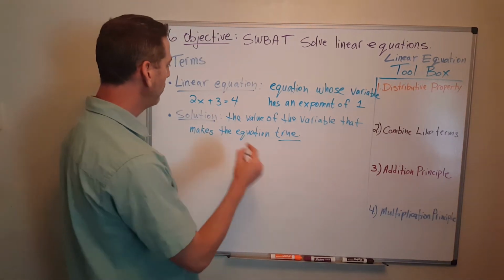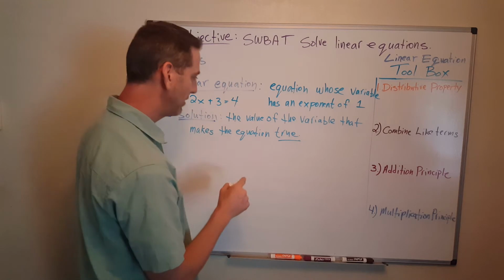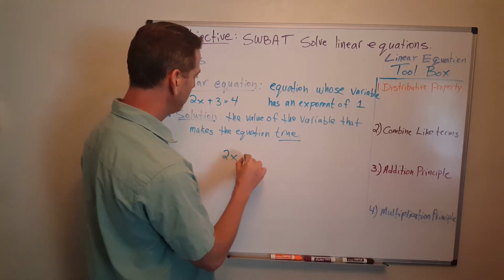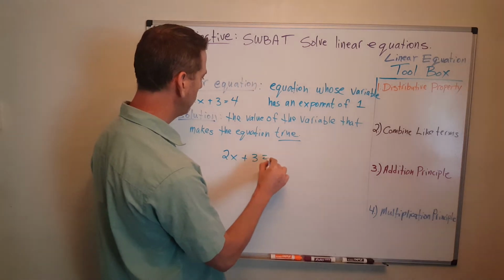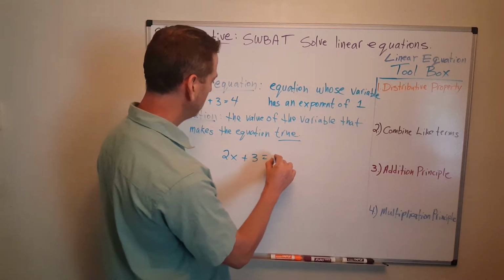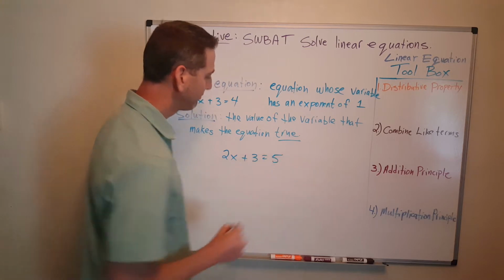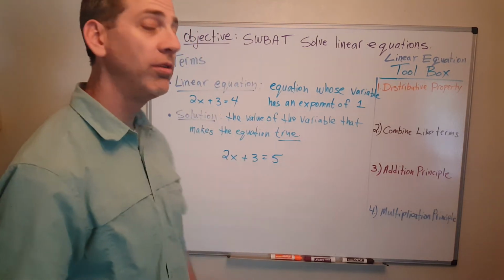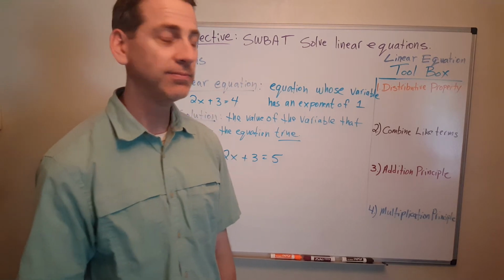So for example, if I had 2x plus 3 equals 5, what is the value of that variable that makes this equation true?